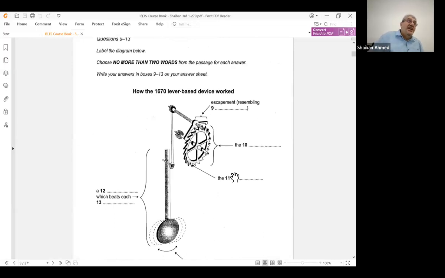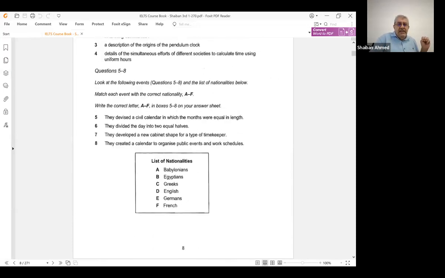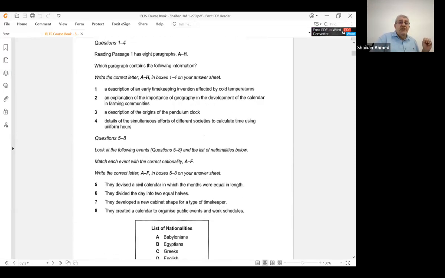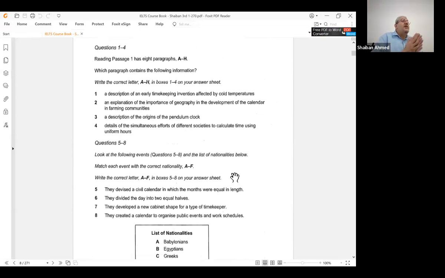Now, what is your strategy in the exam if you have such a question? By the way, today we are going to deal with what is called main idea, development, examples. And you have how many? You have 8 questions here from number 1 to number 8, and they are not in order. Why?